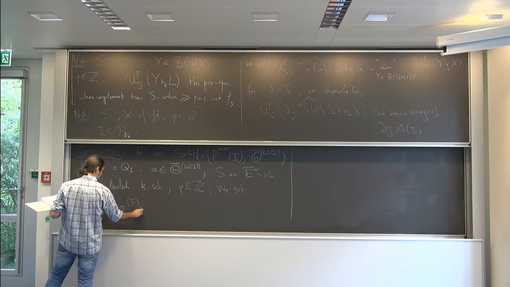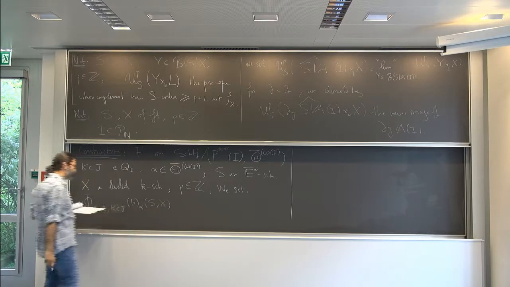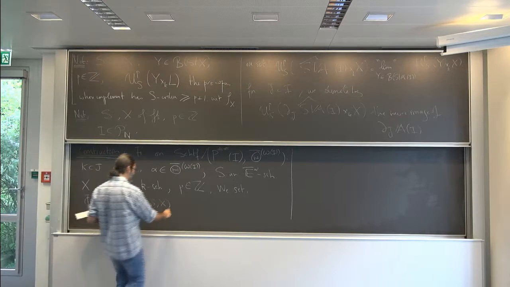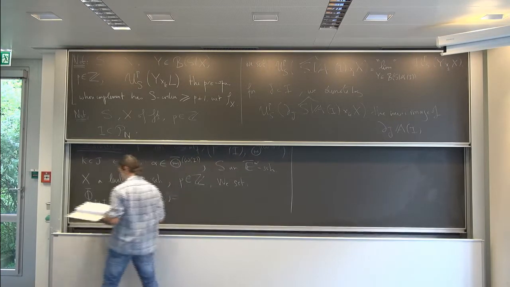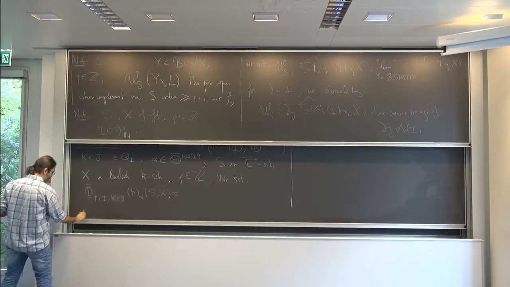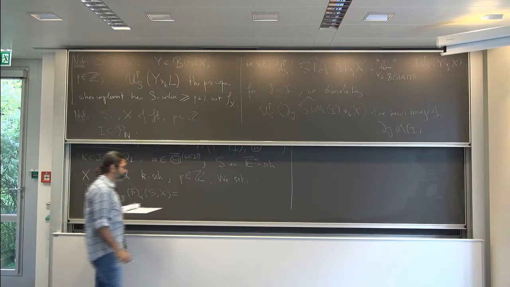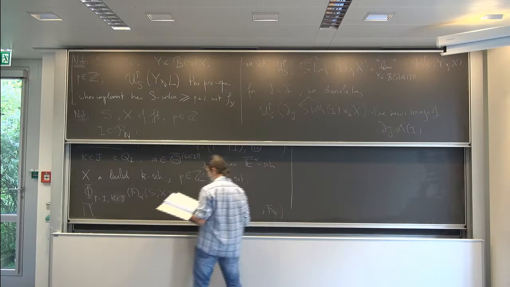Of f alpha and pair of schemes S and X. So this is again just a global section, a global section of some star scheme with values in f alpha, and you imagine what we have to put here.